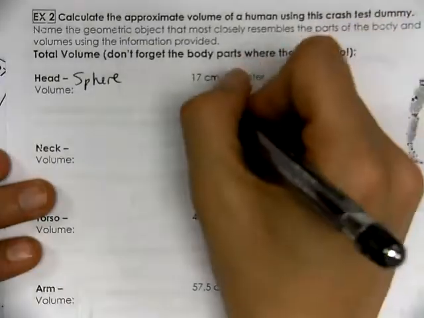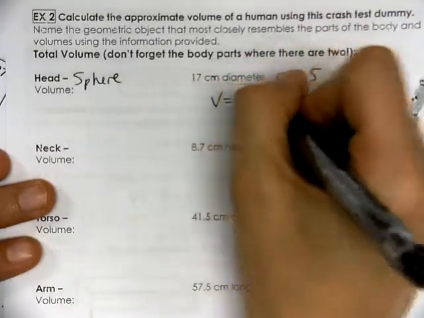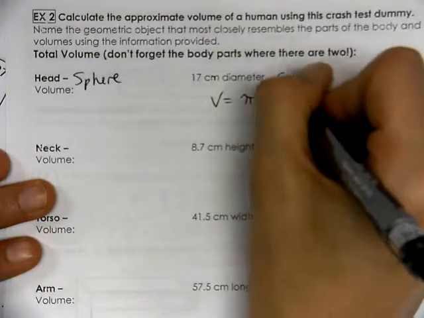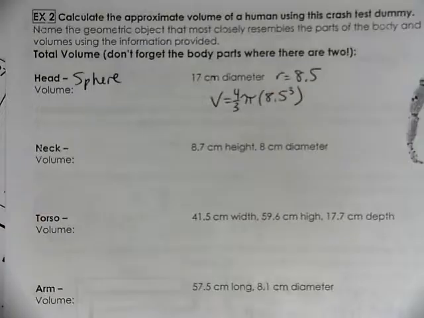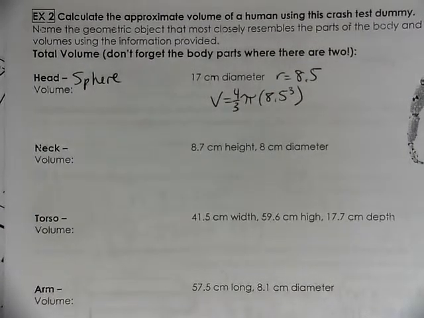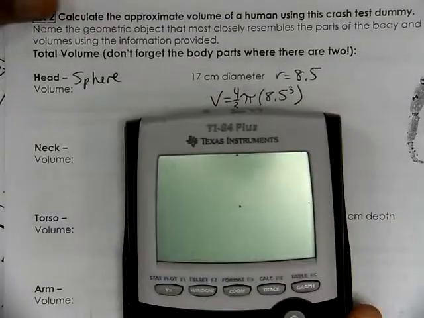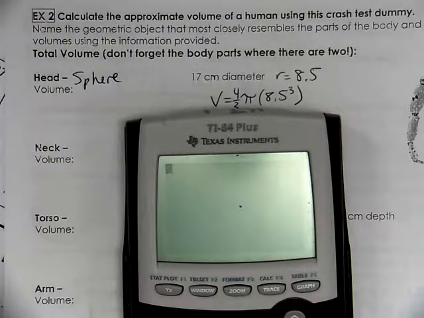8.5. So the volume is going to be 4/3 pi 8.5 cubed. I don't know how some of you were putting this in the calculator, but some people screwed it up. So 4/3 pi times 8.5 to the 3rd power.